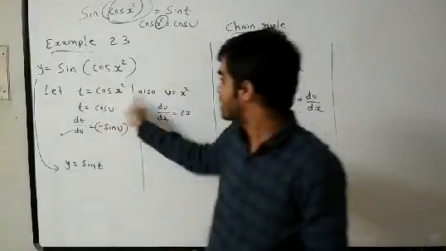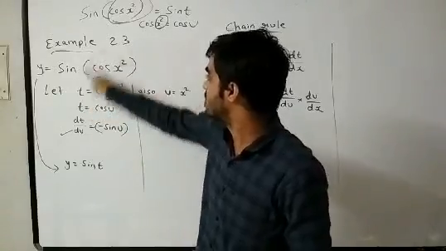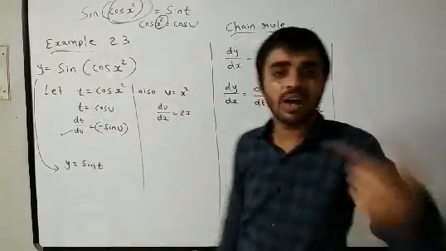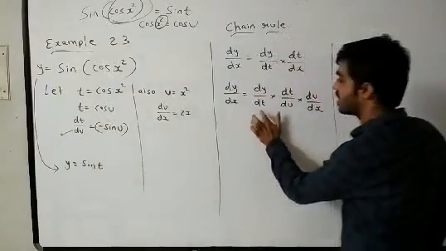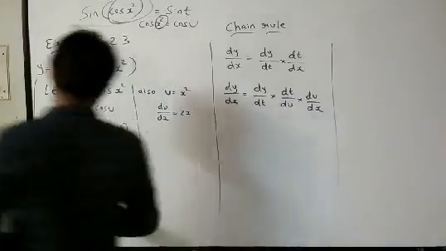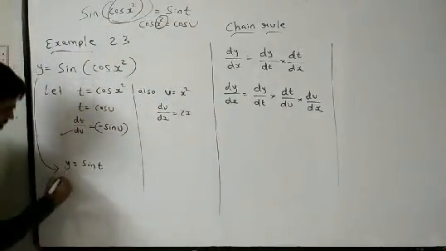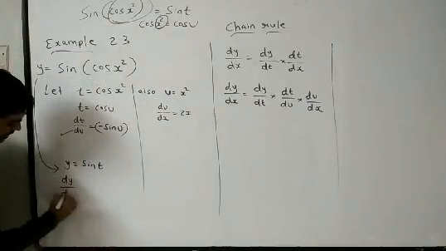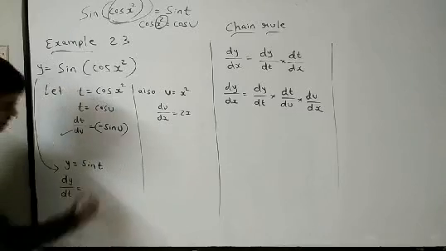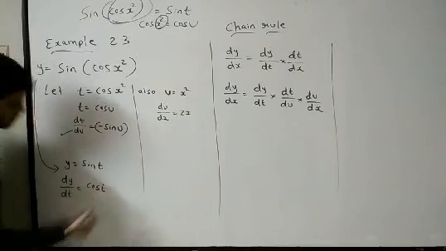Don't worry, cos x square is equal to t, so instead of cos x square you put t. So y is equal to sin t, and we want dy by dt. Differentiating with respect to t on both sides, the derivative of sin t is cos t.